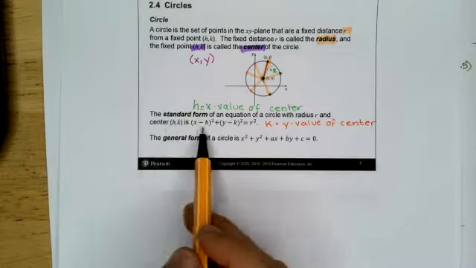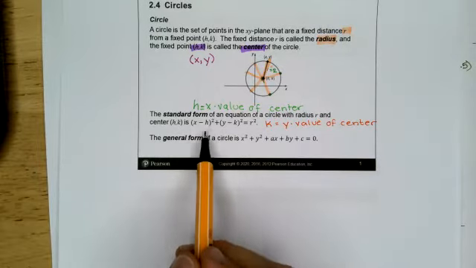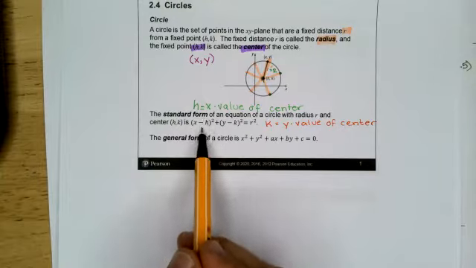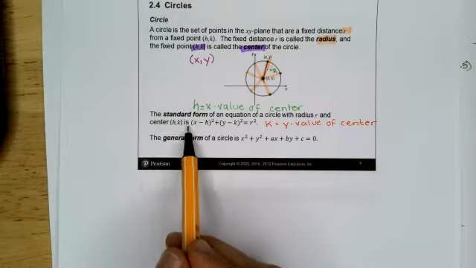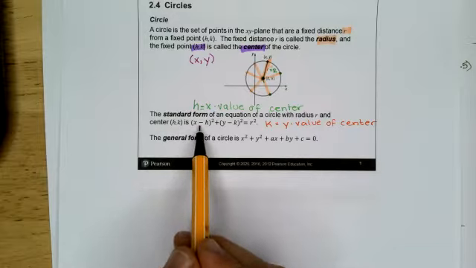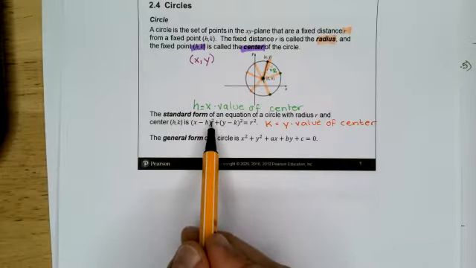So if I was to describe the standard form, I would say we take the x value of the center, we change the sign, right? Because it's a minus. We group it with x, just the letter x. We take that quantity, we square it.